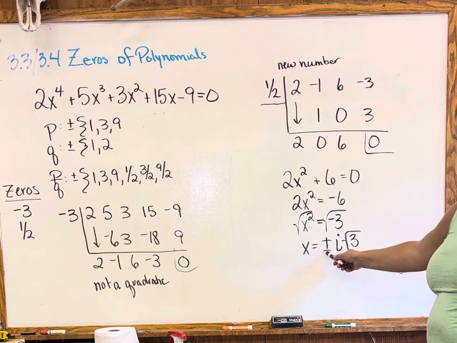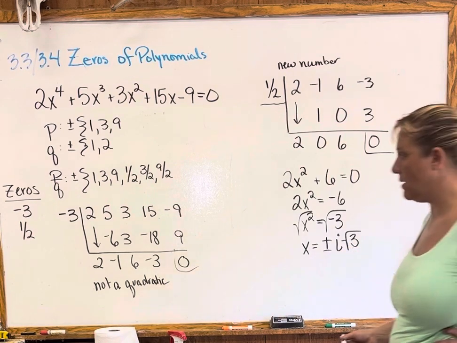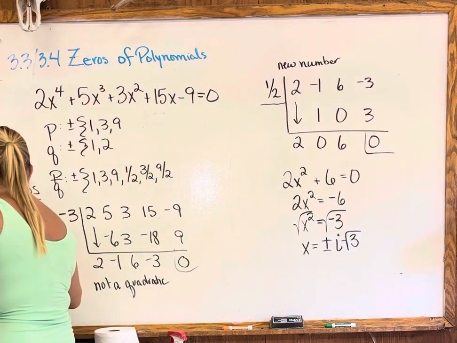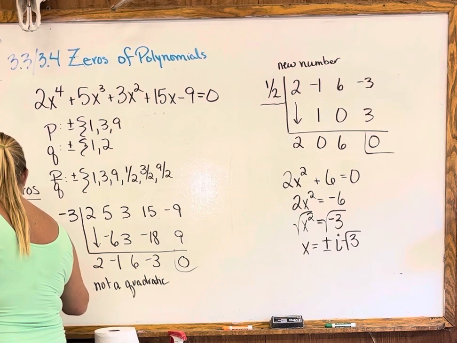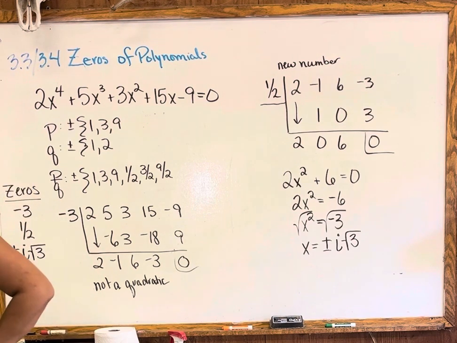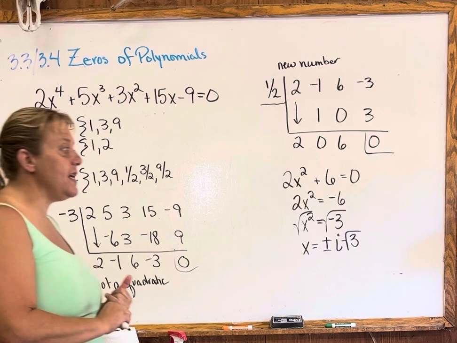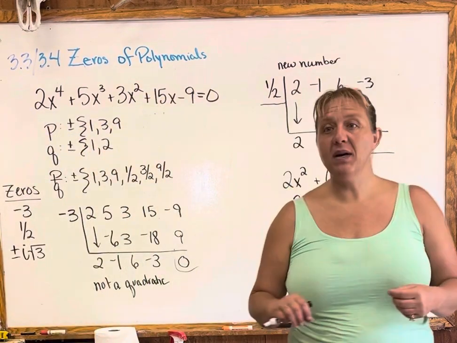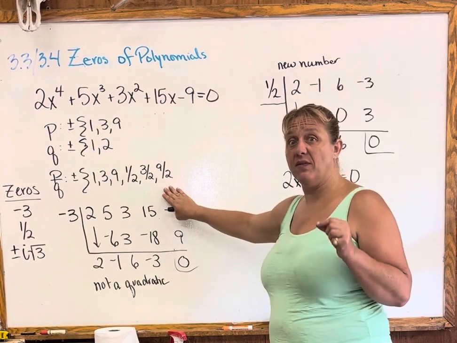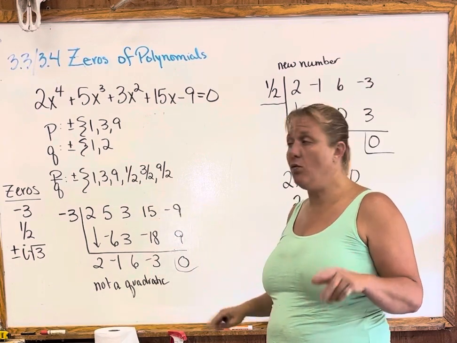So there's the conjugate pairs. We got the plus, we got the minus. So we have plus or minus i times the square root of 3. Alrighty. So 4 answers. We know we're done. We got it. So we're using these theorems to help us make picking them off of this list easier. That's the only thing we're doing.